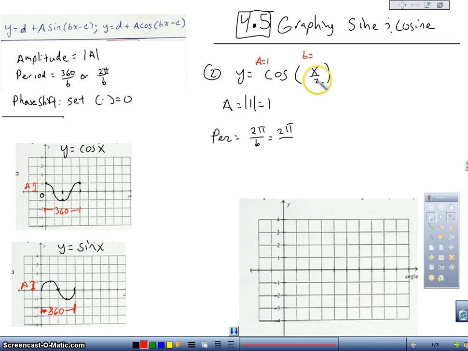The 2 is at the bottom. So B is 1/2. That's the coefficient. Okay, so B is 1/2. And the way we simplify this is we take the bottom fraction, flip it, and multiply. So we get that the period is equal to 4 pi. Okay, there's no D and there's no C, so we are ready to graph now.